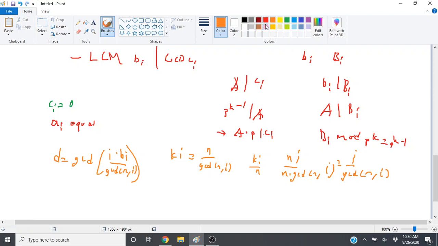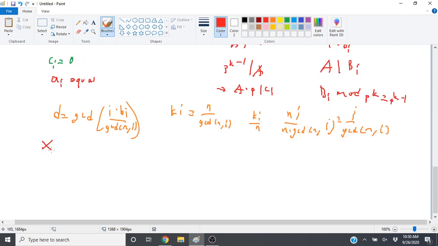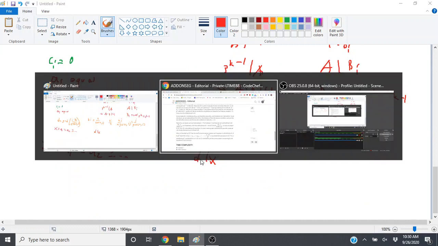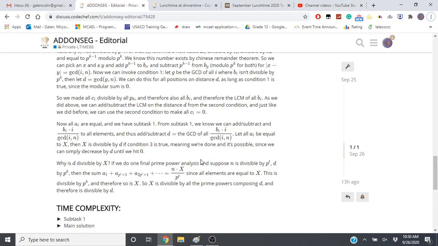Basically, let x be a1 equals a2, etc., because all the elements are equal. Then, if x is divisible by d, we're done. And because of condition 3, we do know that x is divisible by d.